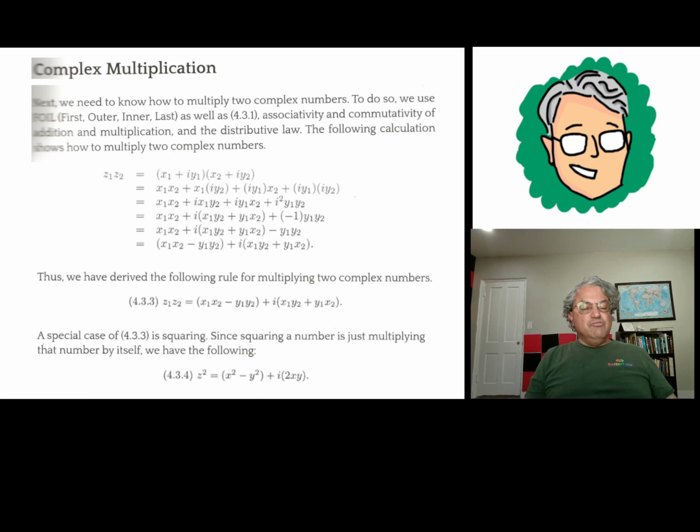So the argument of the product is the sum of the arguments, and then the modulus, or the absolute value, if you like, the length of this vector, it turns out, is equal to the product of the lengths of the vectors z1 and z2. That's a kind of nice geometric interpretation.